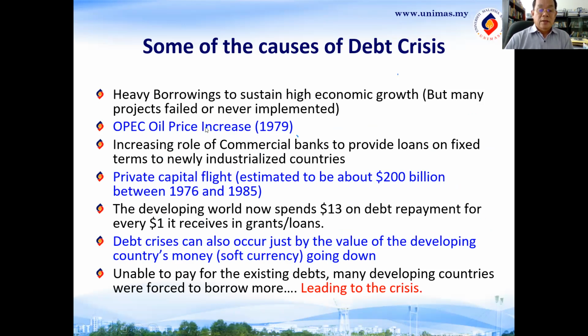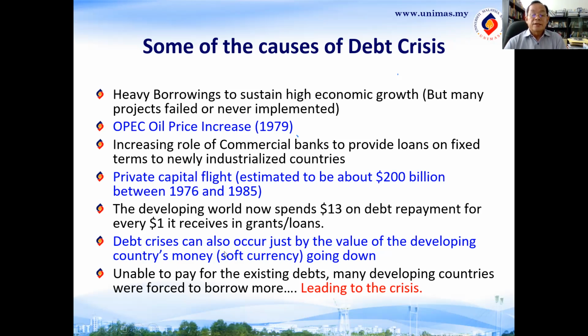And also a drop in commodity prices, such as oil price, an increase in commercial banks providing loans on fixed terms to newly industrialized countries, from long term to short term, and also from low interest to high interest. Private capital, and also the repayment for debt.